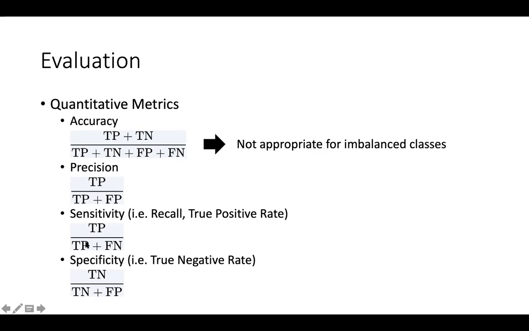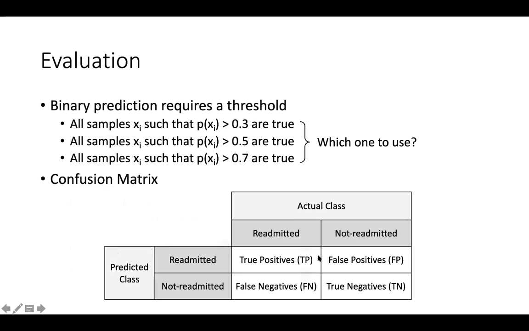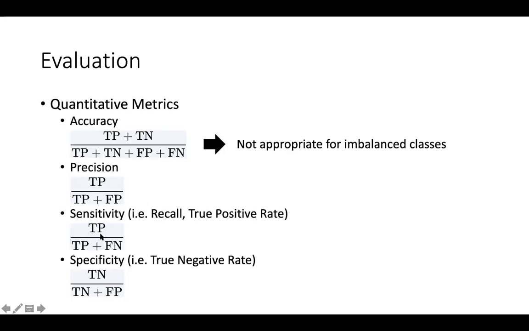Sensitivity and recall: out of all the really positive cases, how many did you actually get? Out of all the actual positives, how many did you actually predict as positive? That's why it's called recall.